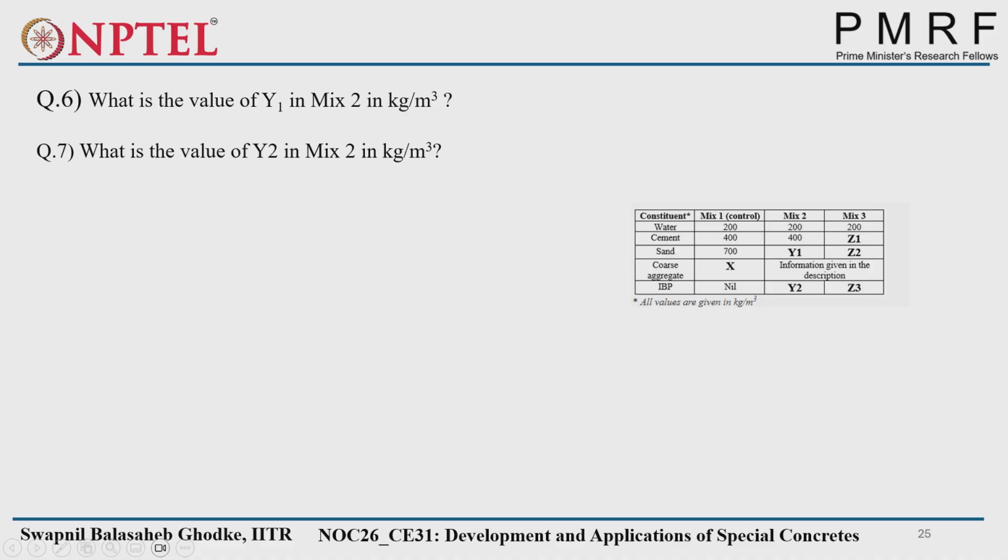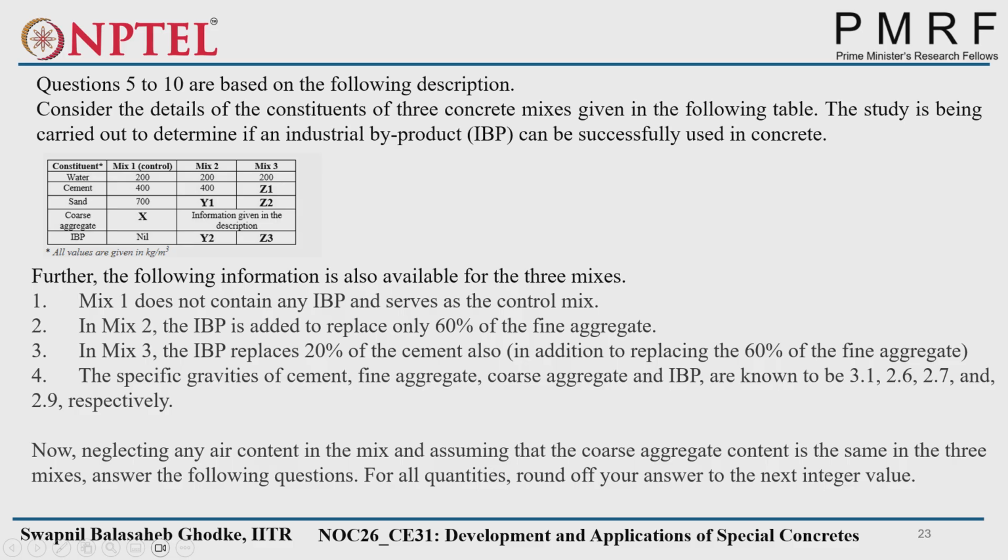Next is, what is the value of y1 and y2 in mix 2? That is question 7. What is the basic information given? In mix 2, industrial byproduct is added to replace only 60% of the fine aggregate.